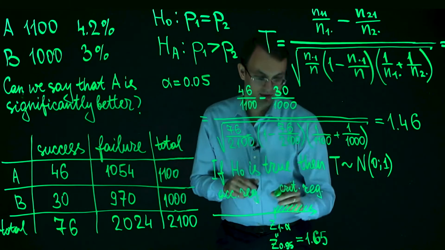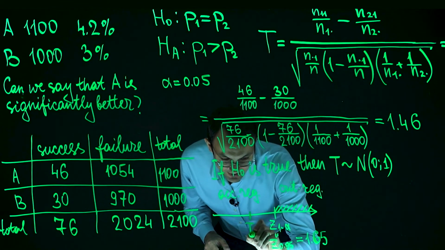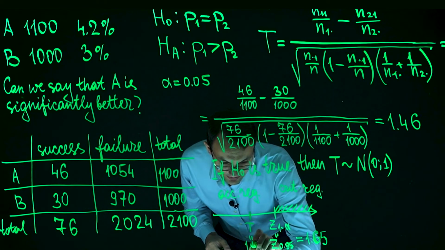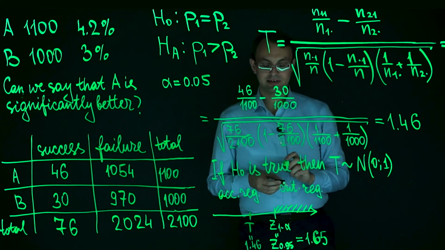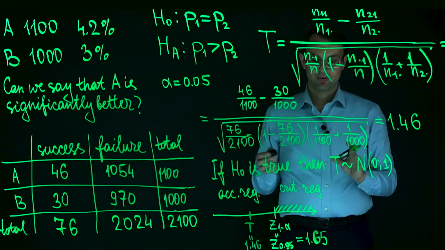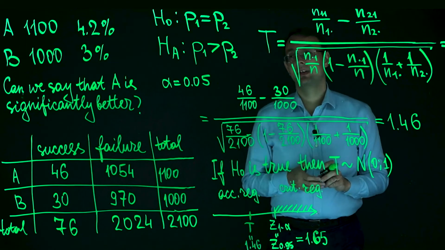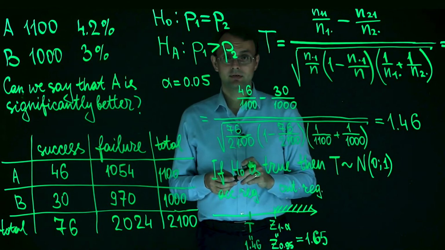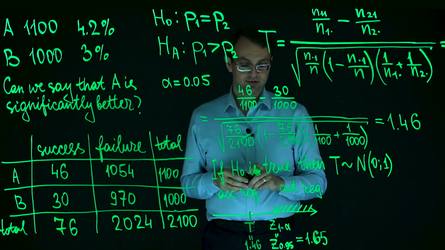So our t, that is equal to 1.46, is in the acceptance region. So that means that we cannot reject the null hypothesis in favor of the alternative one, and we accept the null hypothesis.